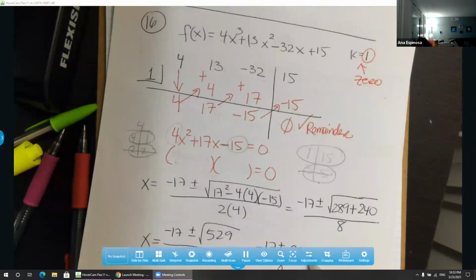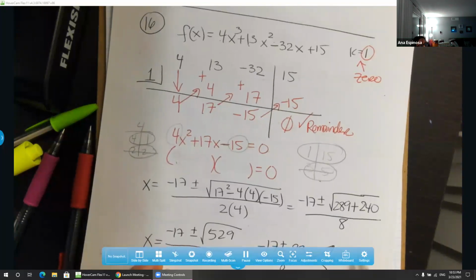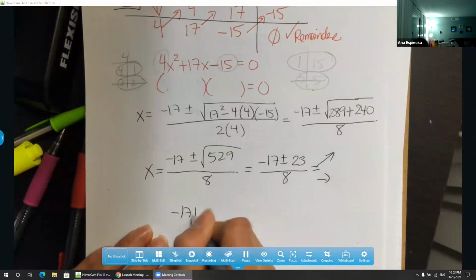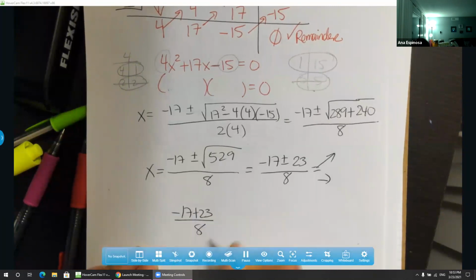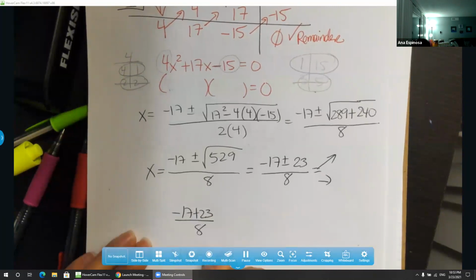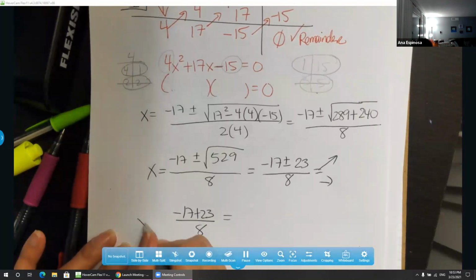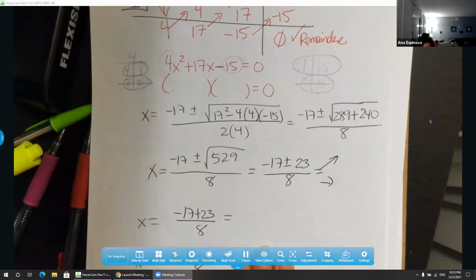Okay, so you would do 2. Negative 17 plus 23 over 8. Negative 17 minus 23 over 8. We've got 2 answers. Okay. Yeah, I think this was factorable. You can see that? Yes.